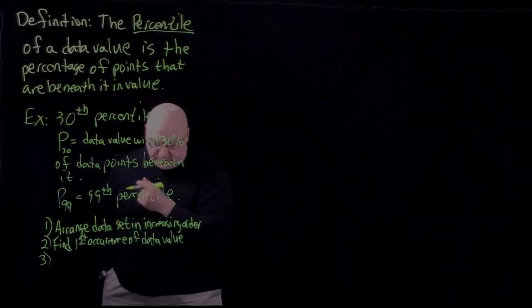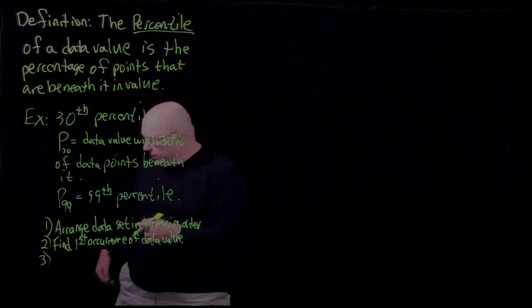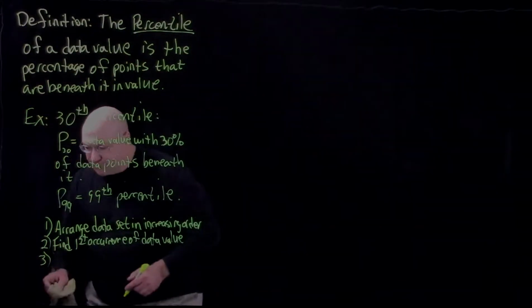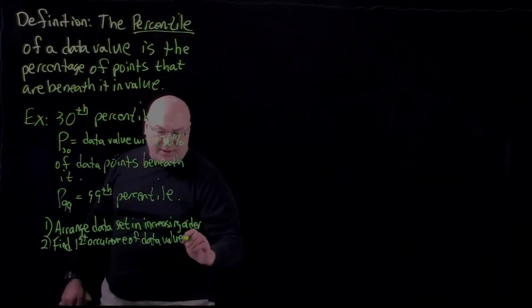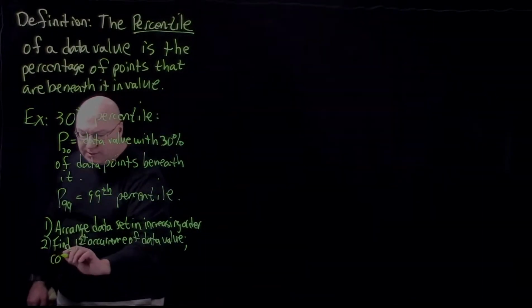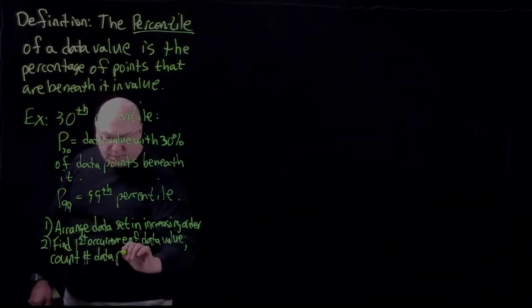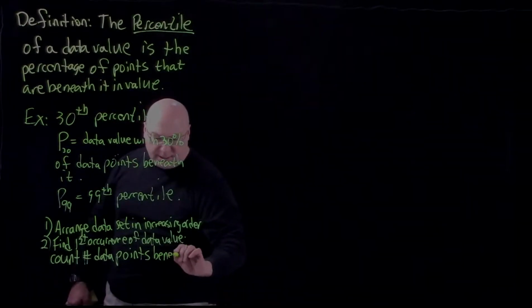Find the first occurrence of the data value and count the number of data points beneath it that are less than it.